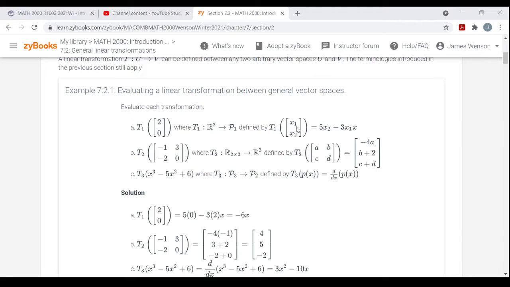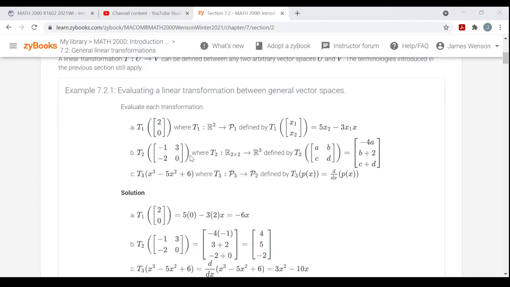It takes a vector x1, x2 and outputs 5 times x2 for the constant term, and then minus 3 times x1 times x for the linear term of the polynomial of degree 1 or less. So if I'm putting in the vector 2, 0, we'd have 5 times 0, so 0 for the constant term, and then negative 3 times 2 times x, so negative 6x for the linear term, and you see the output is the polynomial negative 6x, as you're seeing in the solution here in part A.